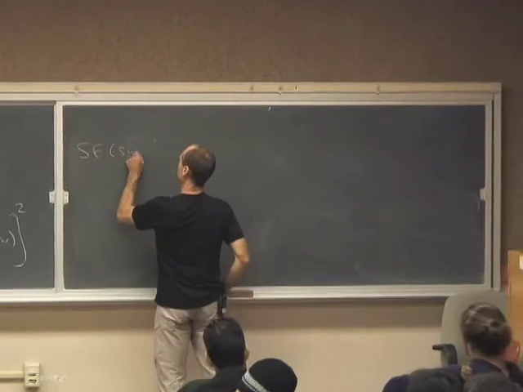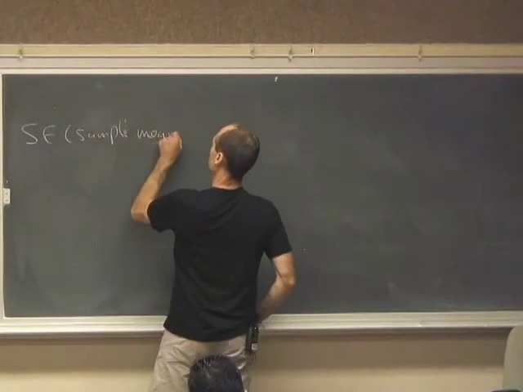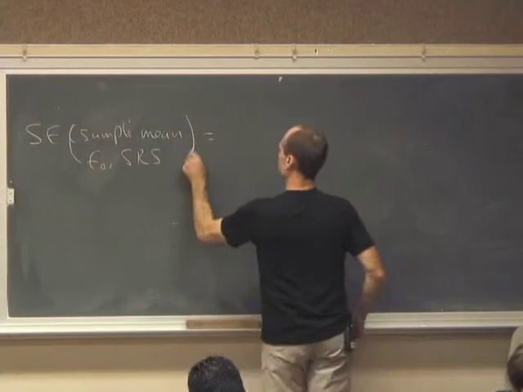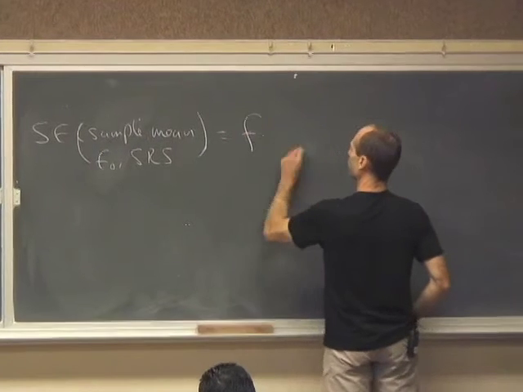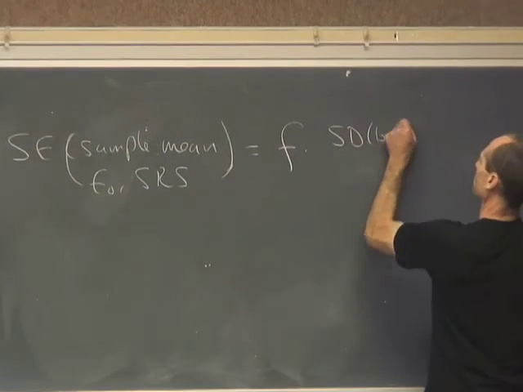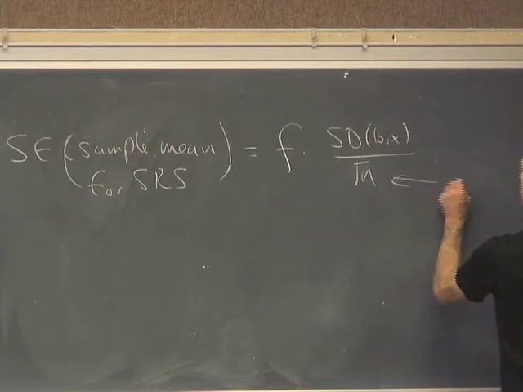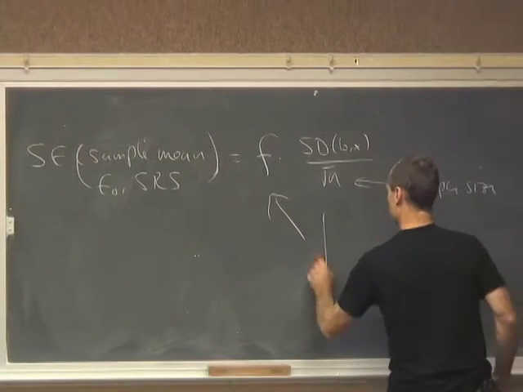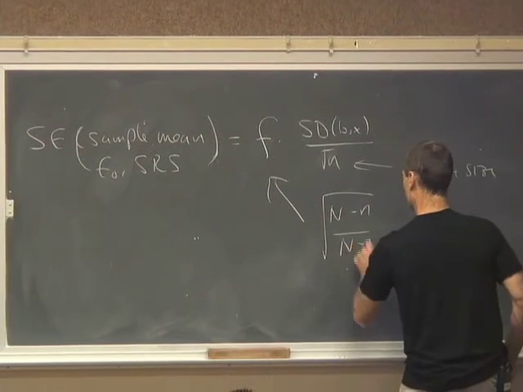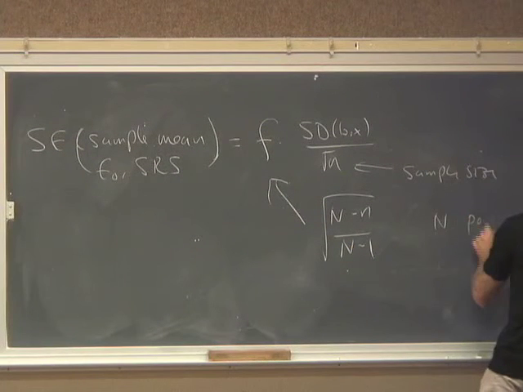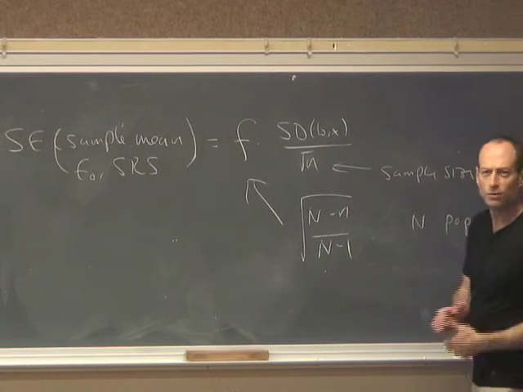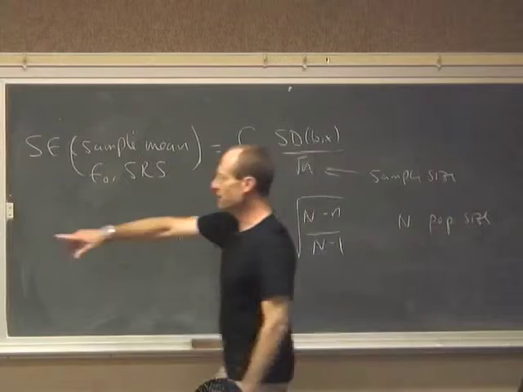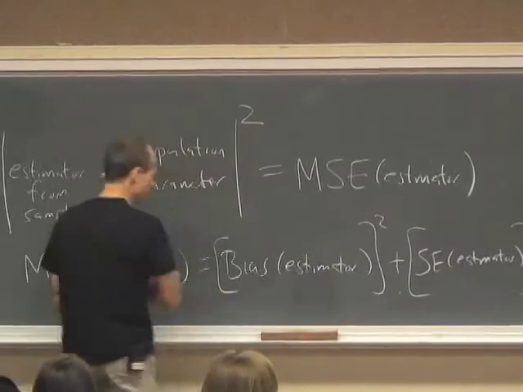So the SE of the sample mean for a simple random sample is equal to the finite population correction f times the SD of the box over root n, where n is the sample size, and f is the square root of (N minus n) over (N minus 1), where N is the population size. Ring a bell?